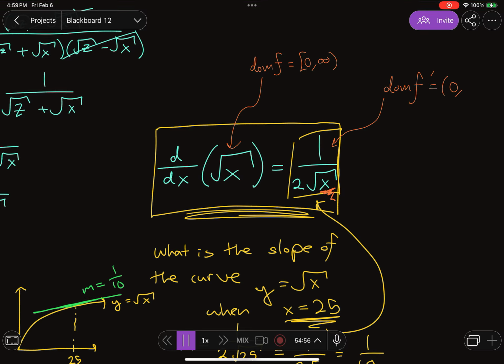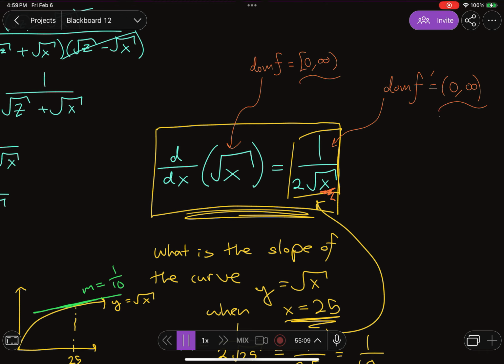So this derivative operation, quote unquote, shrank our domain. Just because we're taking the derivative does not mean the domain of the new function created is going to be the same. Notice our domain shrank.